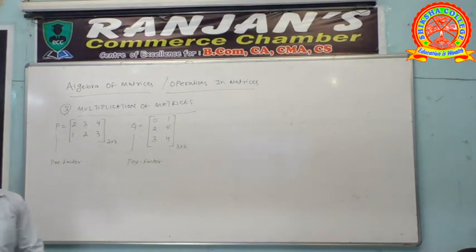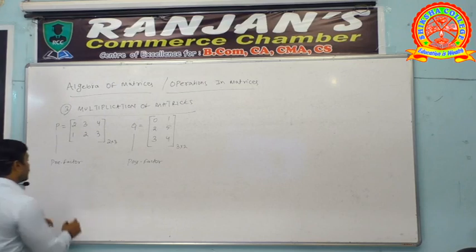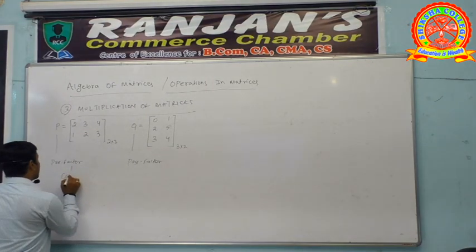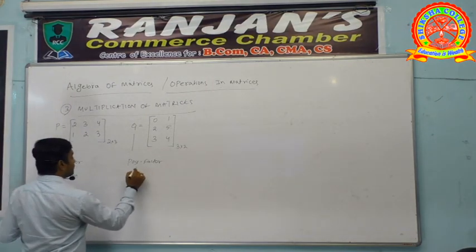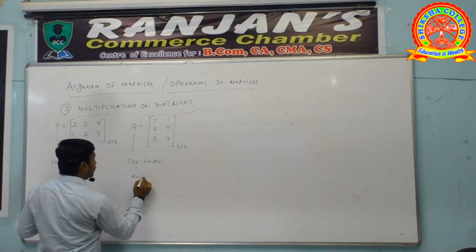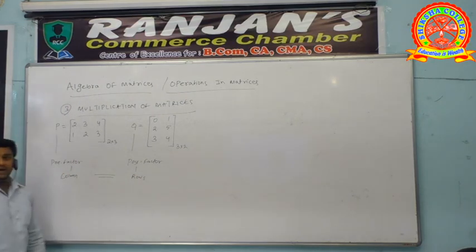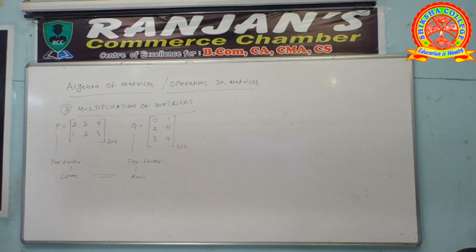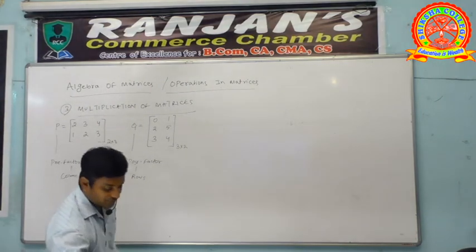In the prefactor we consider columns, and in the post factor we consider rows. Both must be equal. The columns in the prefactor must be equal to the rows in the post factor to go for multiplication, because it might be a multiple choice question.